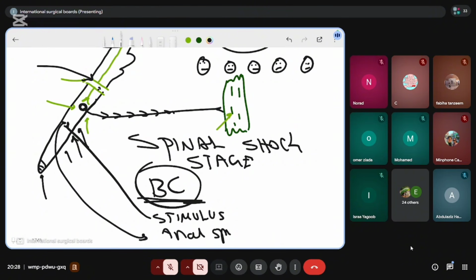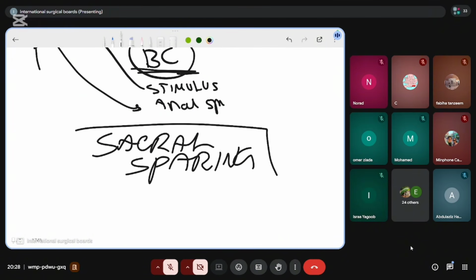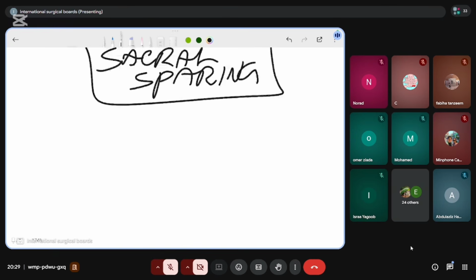But if there is any degree of incomplete spinal cord injury, like central cord syndrome, Brown-Séquard, or anterior cord syndrome, there will be some function retained in the sacral segments. We call this sacral sparing. Very important topic in the exam. Sacral sparing simply means three things.